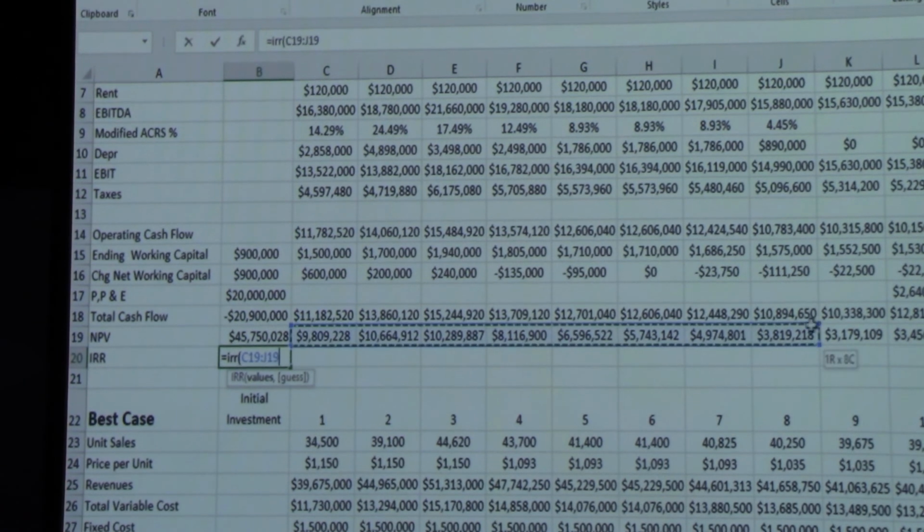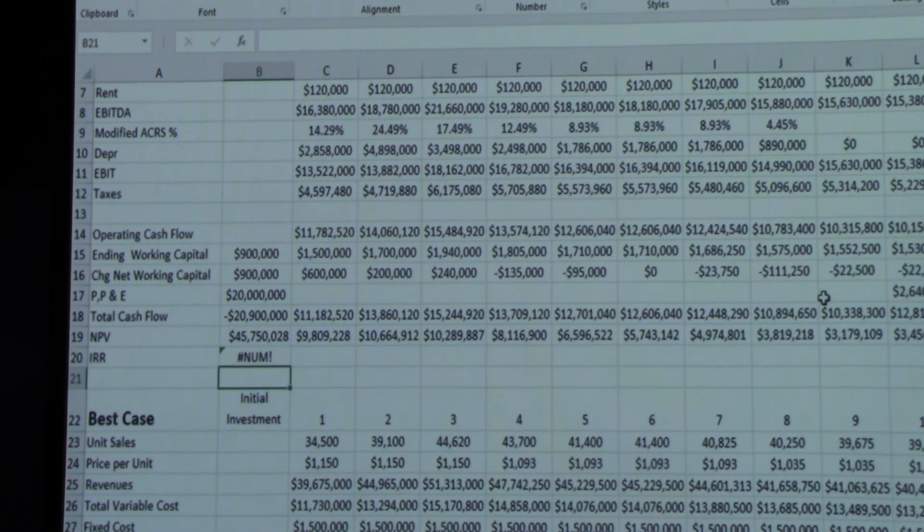All right, bear with me as I go through this. And then a comma and a guess, and let's say it's 20%. All right, we may have to put a point to.